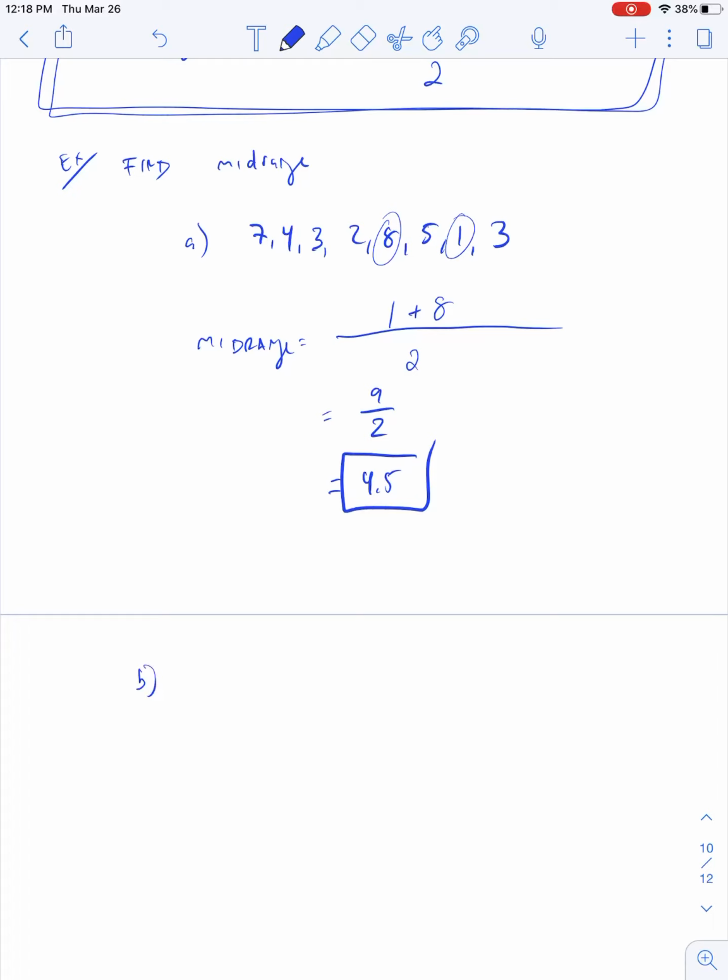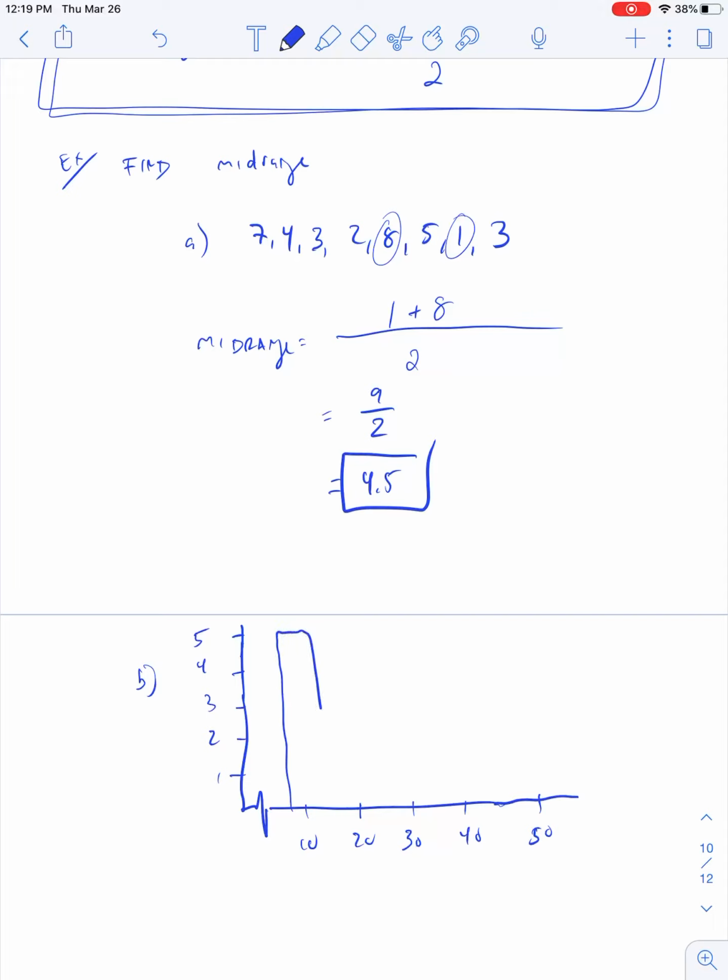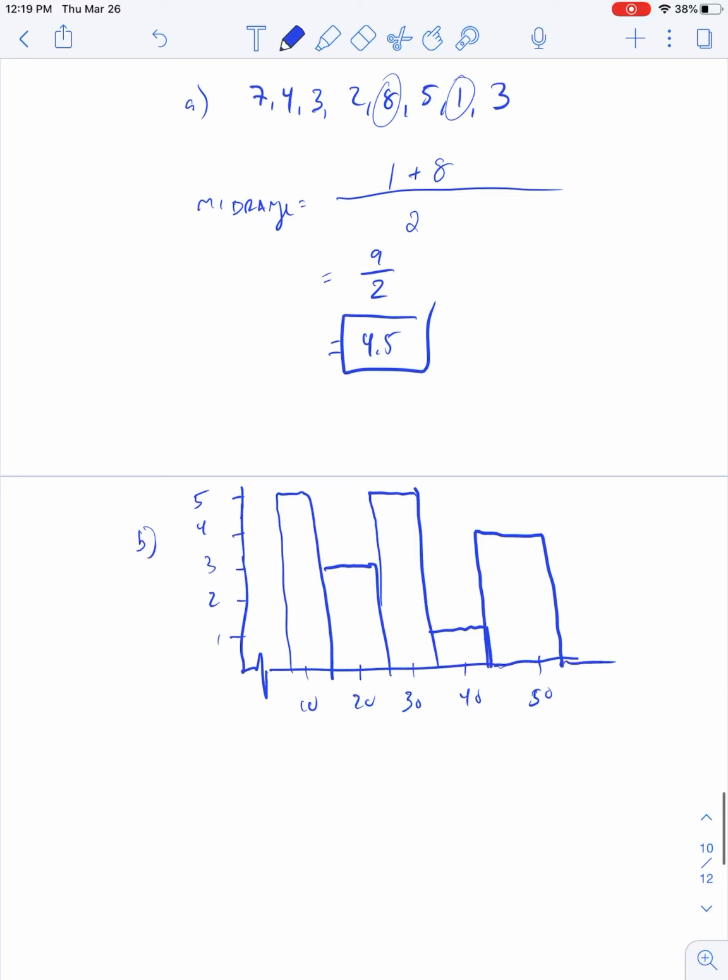And how about one more example here? Let's take a look at a histogram. 10, 20, 30, 40, and 50. 2, 3, 4, and 5. We see this 5 times, we see this 3 times, we see this 5 times, we see this 1 time, we see this 4 times.